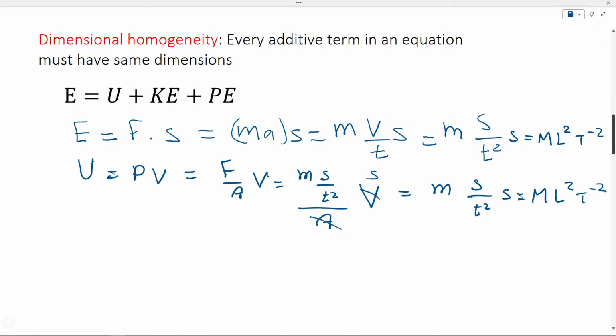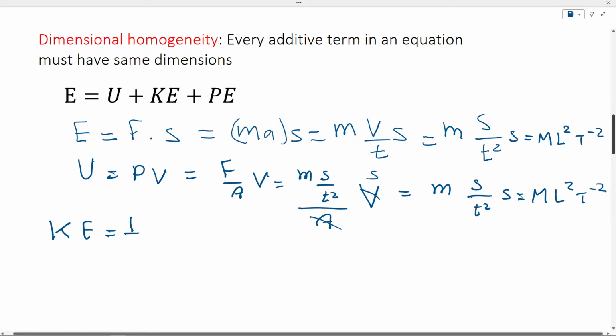Kinetic energy is half m v squared, where m is mass and v squared I could express as s squared over t squared. Do you agree?